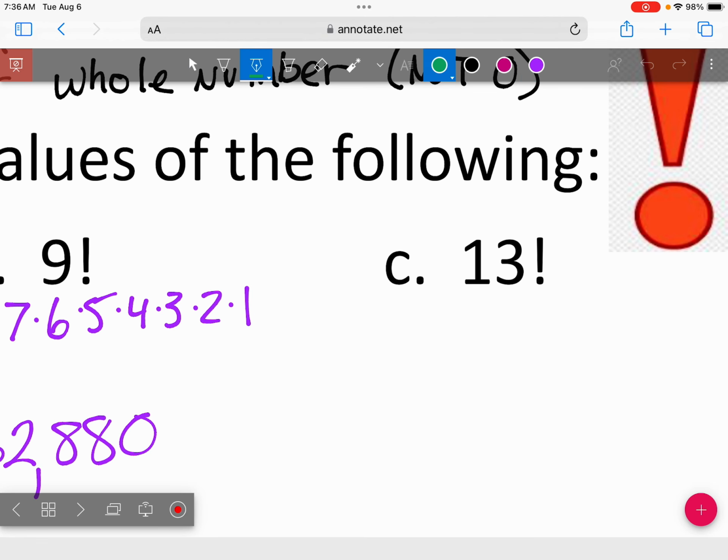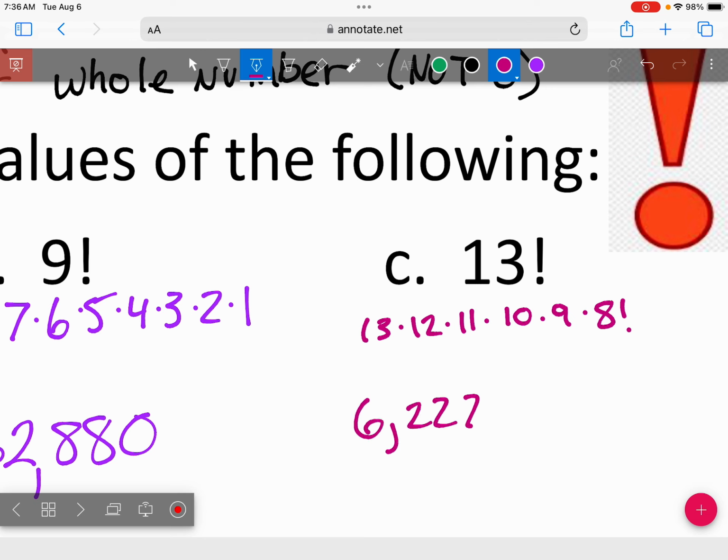But what it means is for us to just take these and multiply them by each other. A lot of times in the formulas we're going to work with in just a minute, we're going to have things that cancel out. We are very rarely going to wind up with gigantic answers. Sometimes, but rarely. 6,227,020,800, just to make sure everything's on the same page.